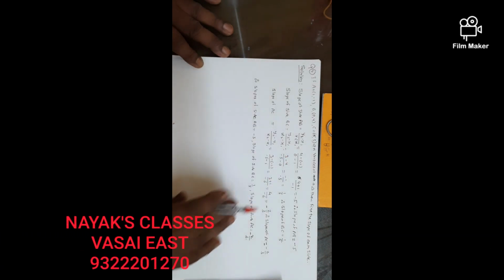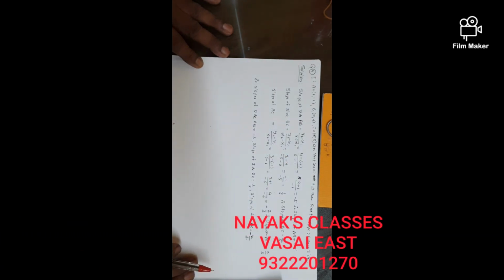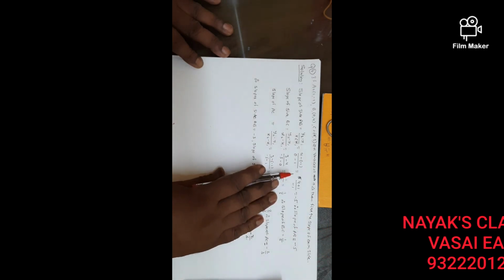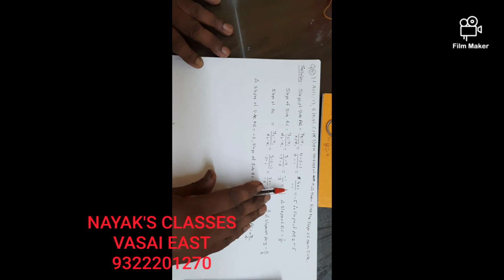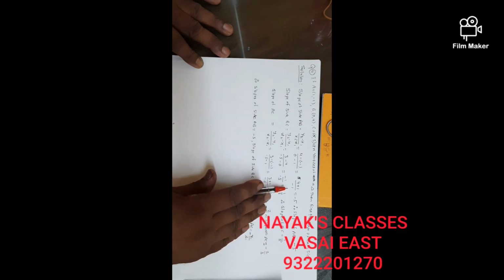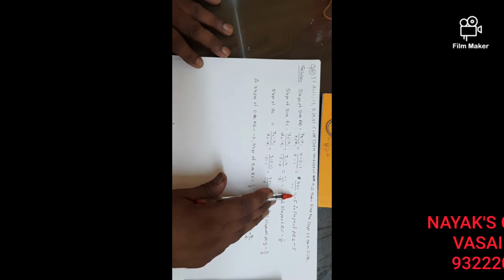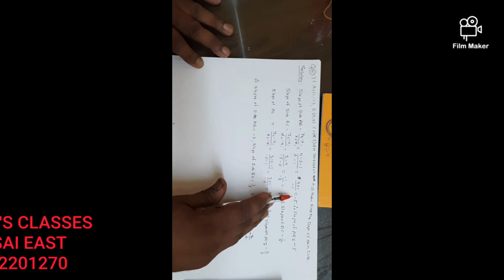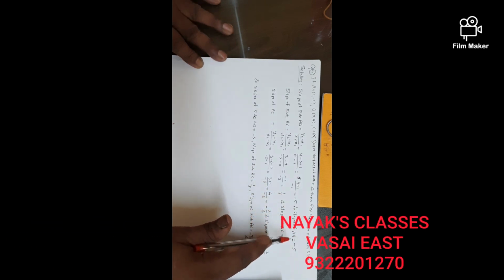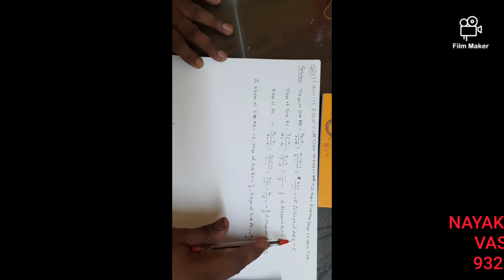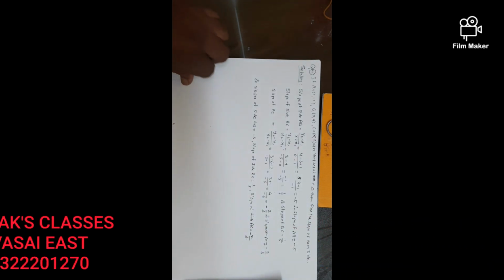So in the denominator it is 0 minus 1. After opening the brackets, we got 4 plus 1 upon minus 1. So it will be 5 upon minus 1 becomes minus 5. Therefore, slope of side AB is minus 5.